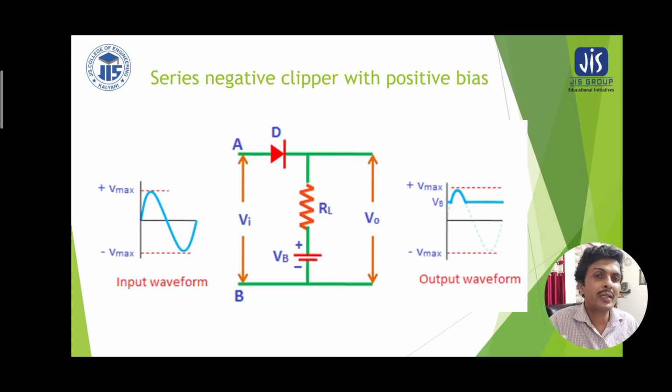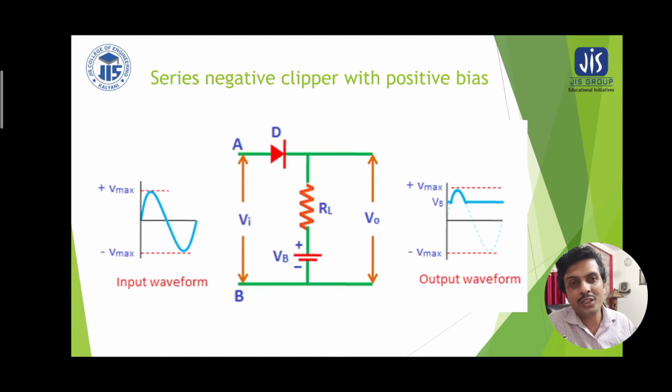It will not conduct, because at the beginning Vi equals 0 volt, and the battery voltage Vb is well above Vi. The input side needs to be higher than the output side by a little amount, 0.7 volt, otherwise the diode will not be turned on.